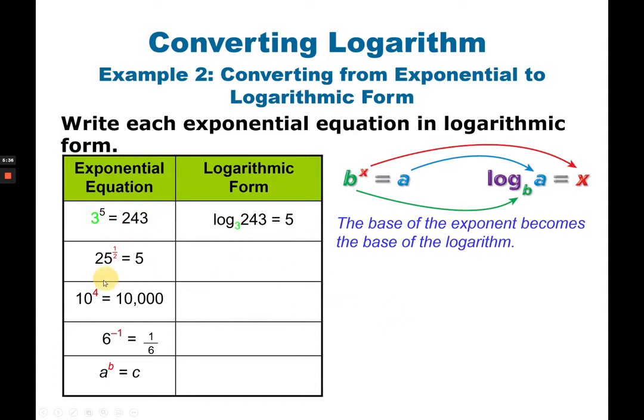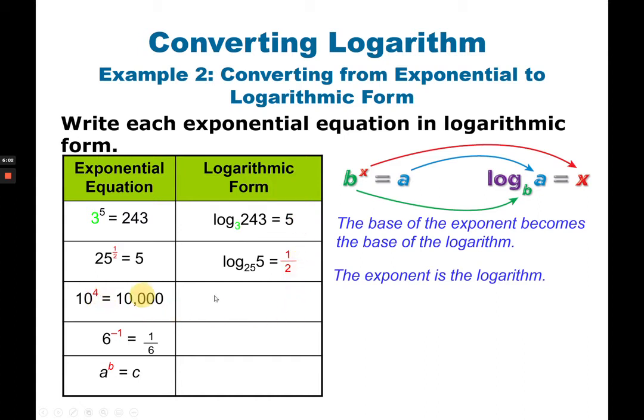Next example, you have 25 raised to 1/2 is equal to 5. If we are going to rewrite it, logarithm base 25 of 5 is equal to 1/2. Okay, how about this one? The exponent is the logarithm. The logarithm is the value on the right side.